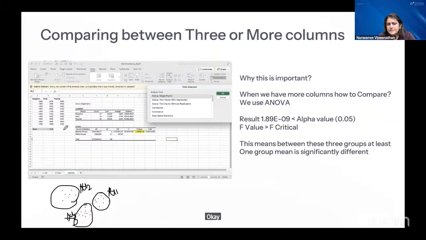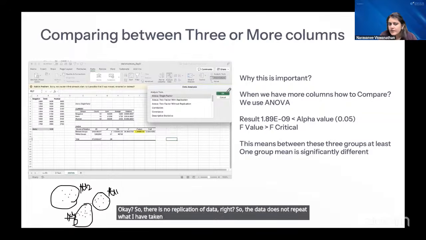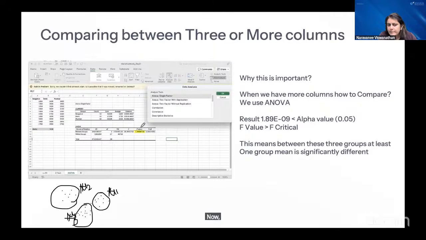So once I do this ANOVA, I just told you how to select. I can go to data analysis. I will press ANOVA single factor. So there is no replication of data, right? The data does not repeat is what I have taken. I said okay. Now I simply compare my p value with this alpha number.